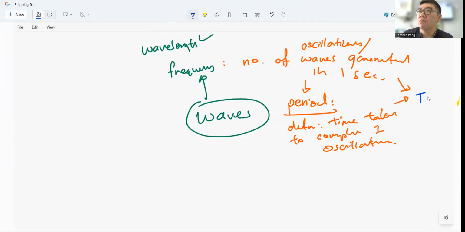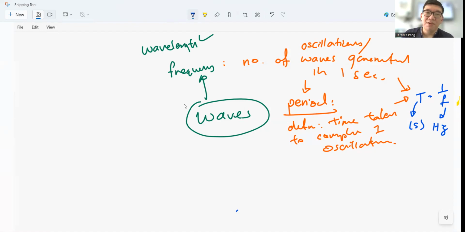T equals to 1 over F. What is the SI unit for frequency? Hertz. Okay. What's the SI unit for period? Okay. So if you encounter something that is in milliseconds, you will then have to convert. Or minutes, then you have to convert.